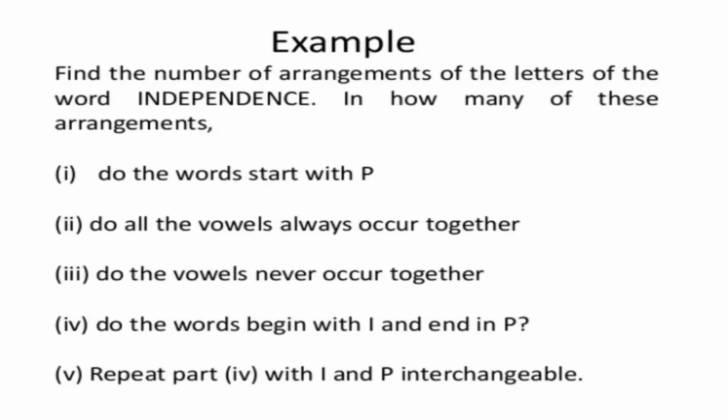It's only I and E, right? I is a vowel, yeah. I and E. Then it says, in how many of your arrangements do the words begin with I and end in P? And the last one, repeat part 4 with I and P interchangeable. What's all of that? Well, we've got to break it down piece by piece.